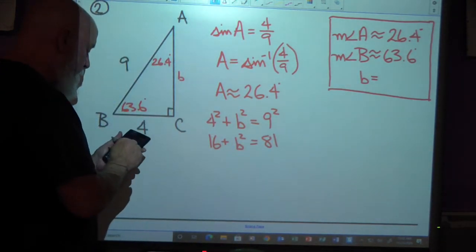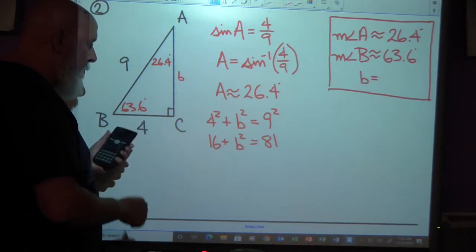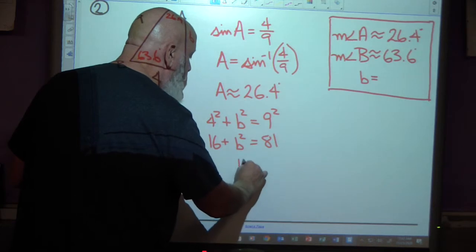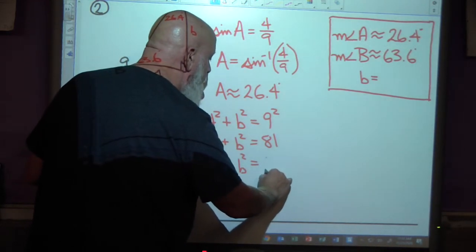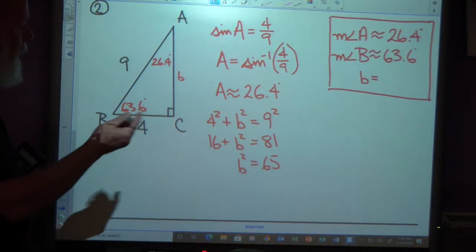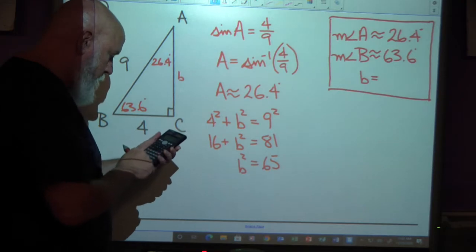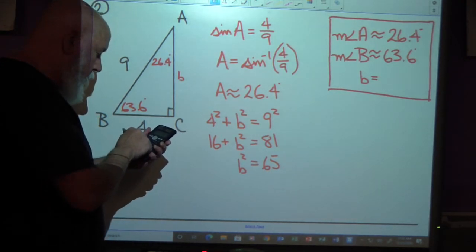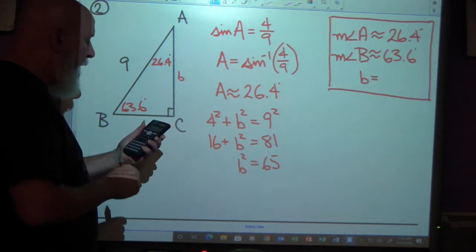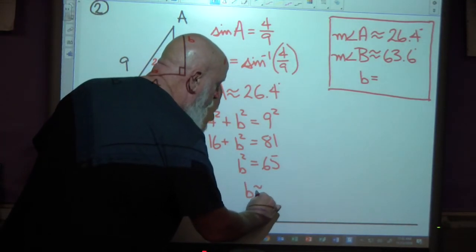Subtracting 16 from both sides, I'll do that with my calculator so I don't mess up. b squared is 65, but we'll take the square root of both sides. And that should be 8.1-ish, about 8.1, which makes sense.